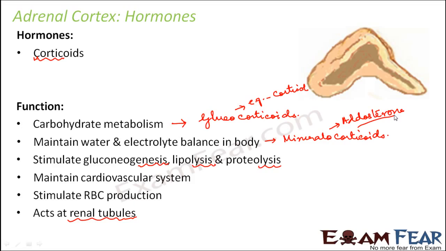So that is how it plays an important role in the reabsorption which takes place at the renal tubules. So these are some of the important functions of the corticoids which are produced by the adrenal cortex. So we see that the adrenal gland also produces very important hormones which help to control a lot of things in our body.